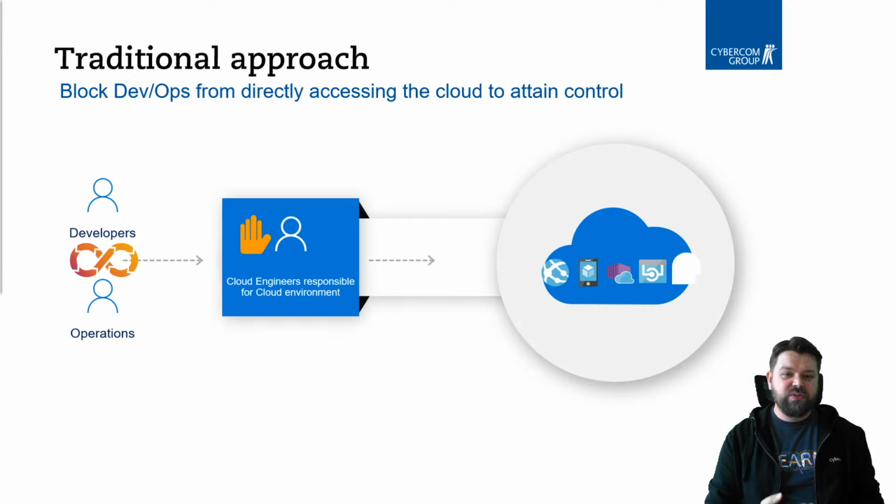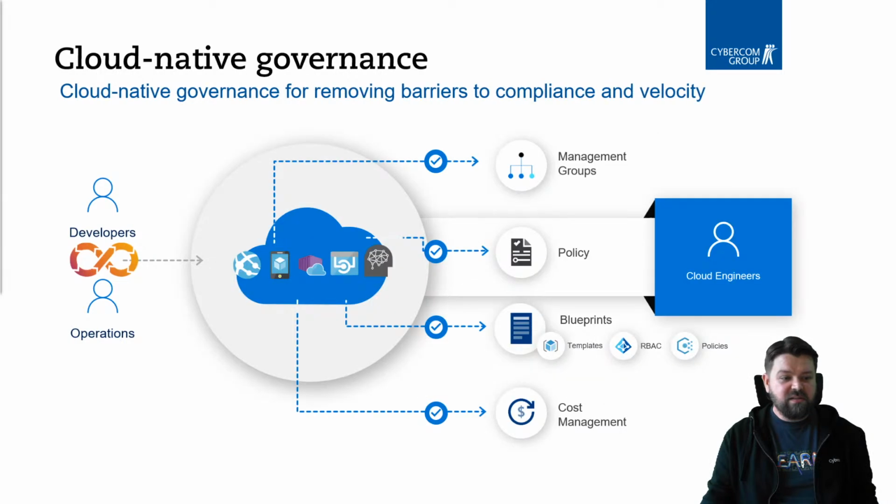If you have developers and operations wanting to do something quickly, that's the promise we've been told, that you can do so much more quickly, faster, easier. If we have some cloud engineers responsible for the environment stopping you every time you want to do something, it's not going to work.